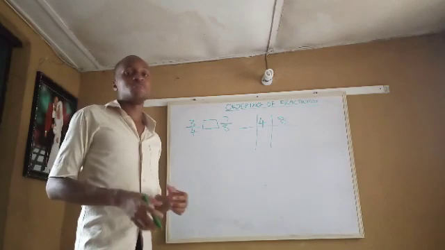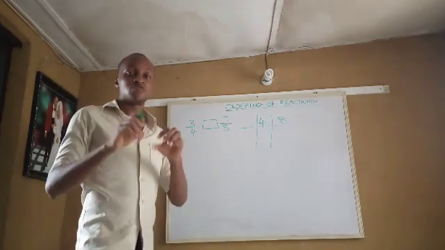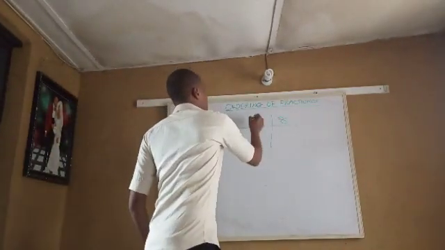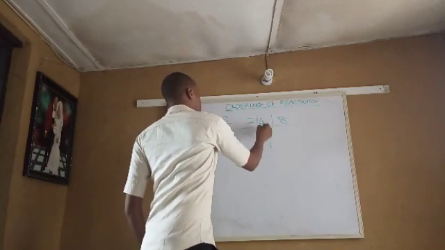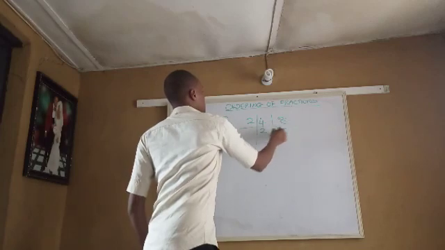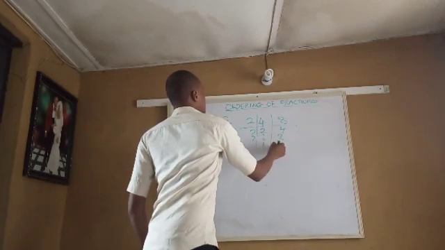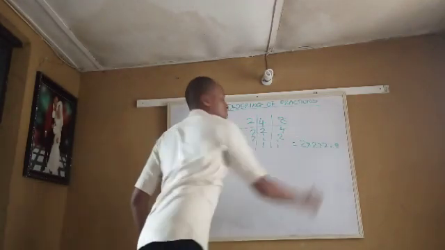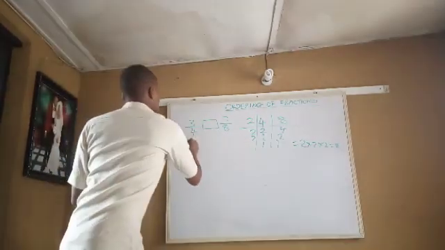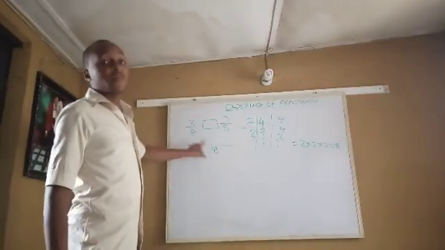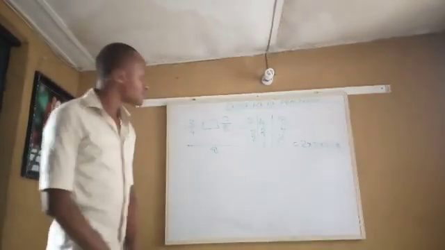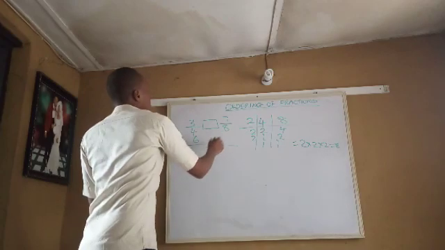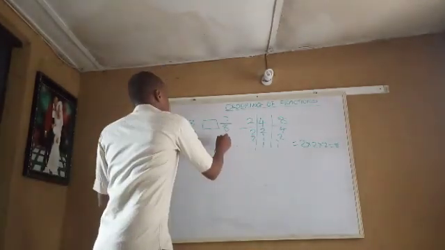I encourage you to watch my video on how to find the LCM, so you know how to apply it here. So the LCM is 8. 8 divided by 4 is 2, times 3 is 6. 8 divided by 8 is 1, times 7 is 7.